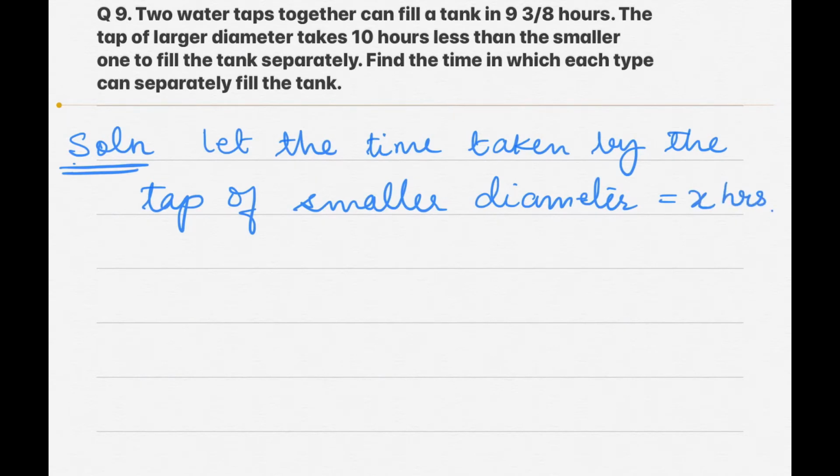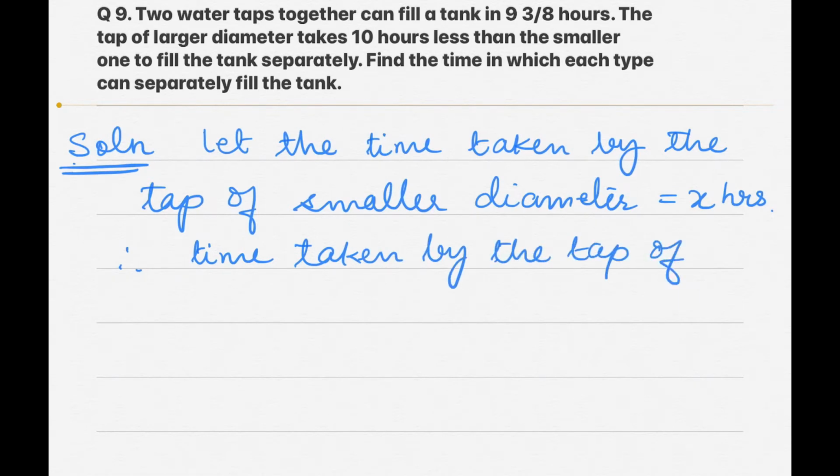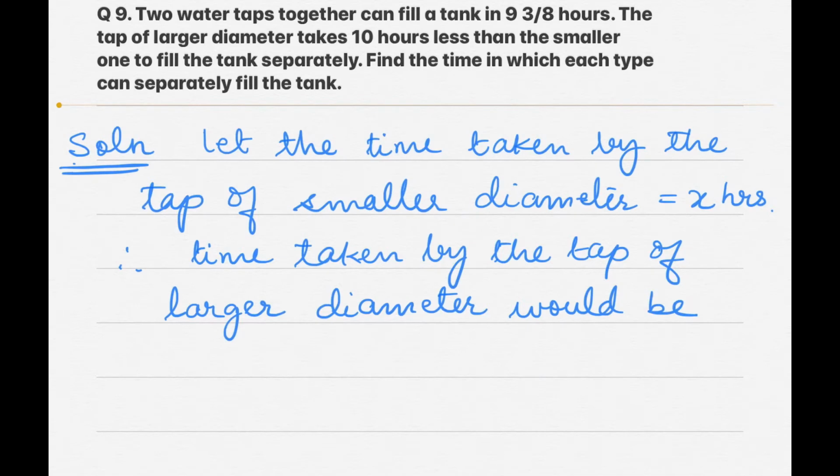Therefore, the time taken by the tap of larger diameter would be x minus 10, because it is taking larger diameter means more water will be coming out, right? So it would be x minus 10 hours, correct?